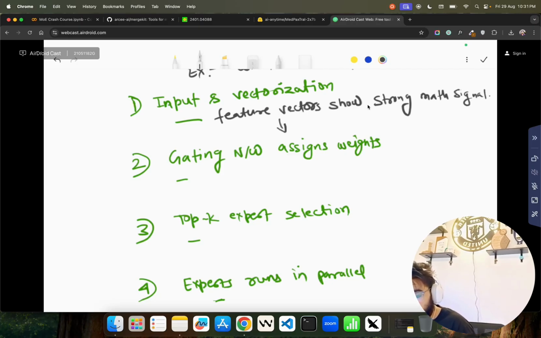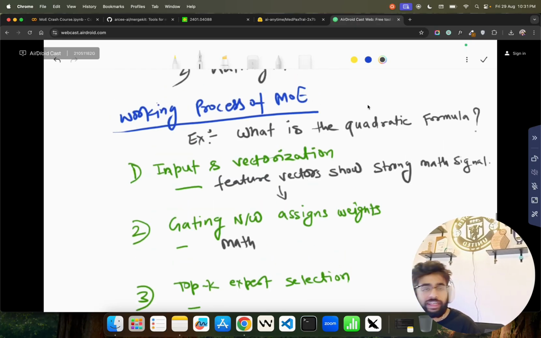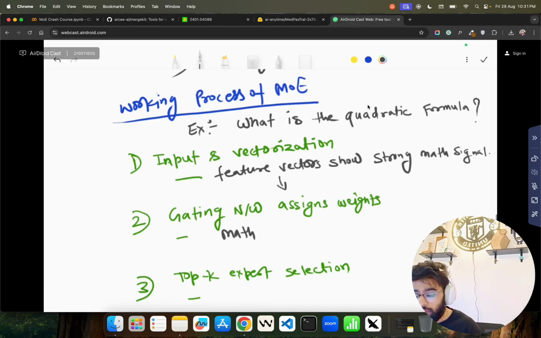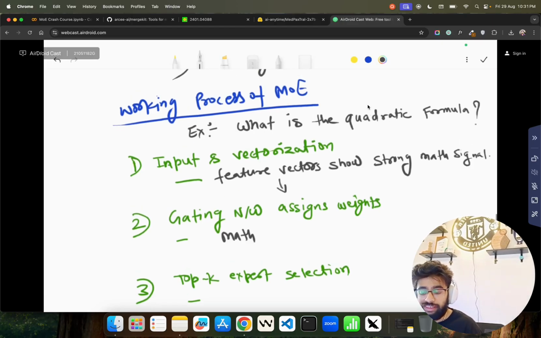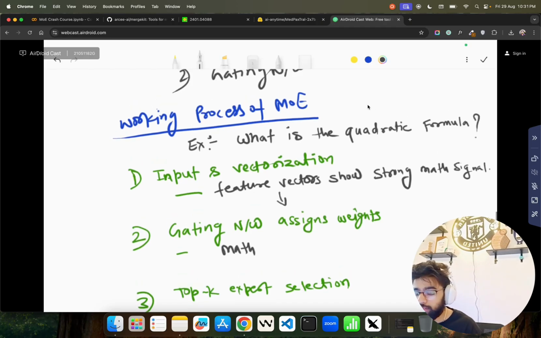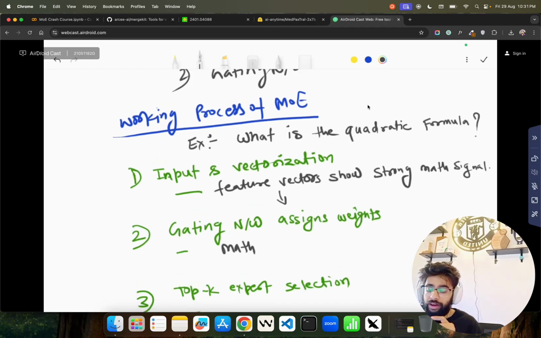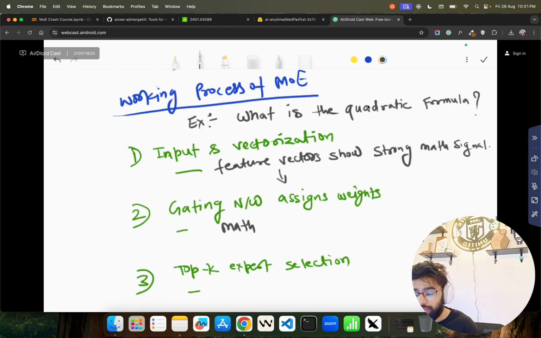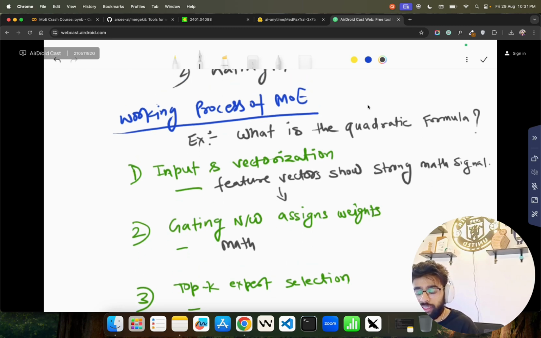When that is done, the next thing is the gating network, which has to assign weights, right? We'll understand this through the formula also when we are coding it, how it really makes this weightage. Basically, a softmax will come into play here, so the probability logits. Let's say in the question that we have asked, what is the quadratic formula?